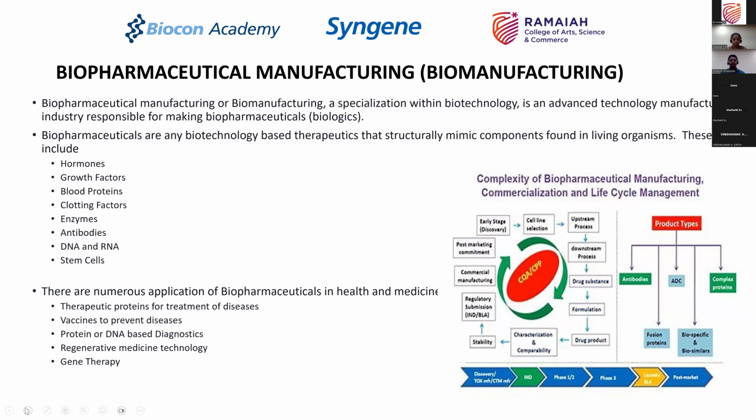Okay, so it's nothing but a biotech process which generates biopharmaceuticals or biologics. What are biopharmaceuticals? The process of manufacturing biopharmaceuticals is called biopharmaceutical manufacturing or biomanufacturing.